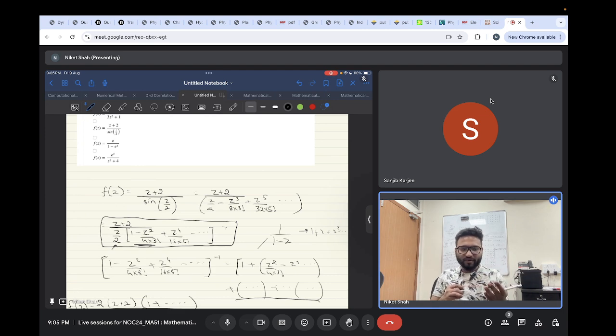But we know that there is only one pole and that pole is near the origin. So we are doing this math near the origin only to figure out the order of the pole. Once we figure out the order of the pole, we know the entire mechanism after that. Is that clear to you?